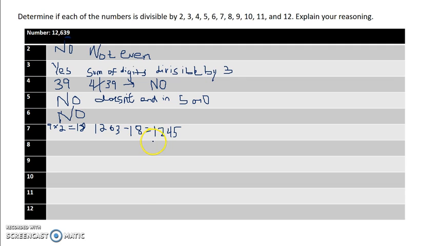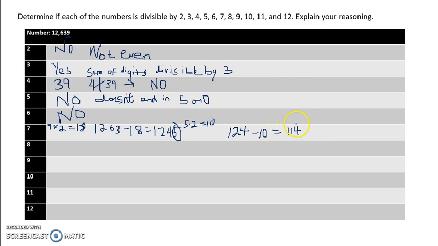I don't know anything about 1245, so I'm going to do this again. You may have to do this more than once. I'm going to take 5 and double it. 5 times 2 is 10. So I'm going to take 124 and subtract 10 from it. That's going to give me 114. I still don't know anything about 114.